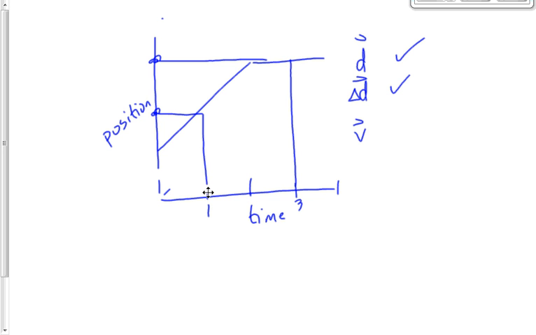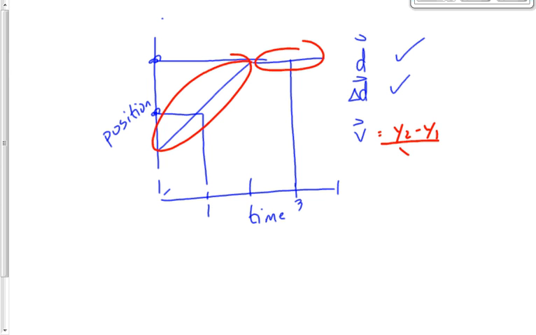Most times, it asks you to find the velocity of this stage or of this stage. Okay, you want to find the slope of the first stage? We're going to say rise over run, or y2 minus y1 over x2 minus x1. Pick any points you want. Probably the beginning and the end. y2 minus y1, x2 minus x1. Get a value for the average speed there.